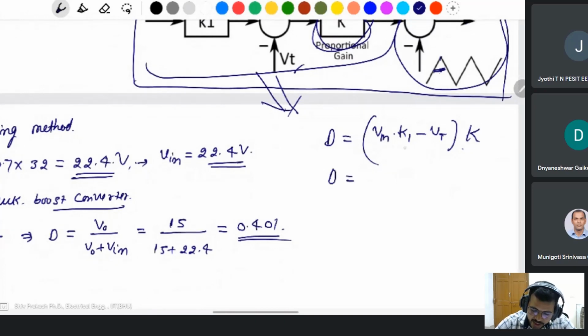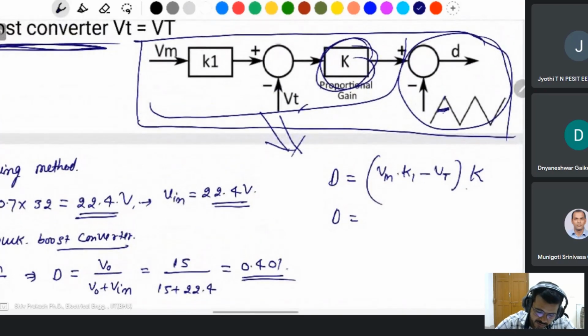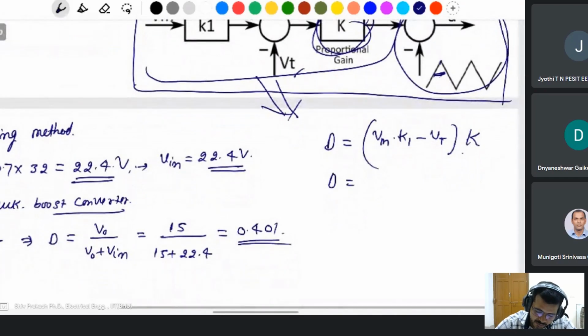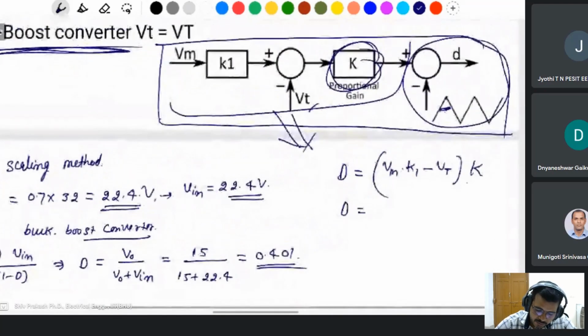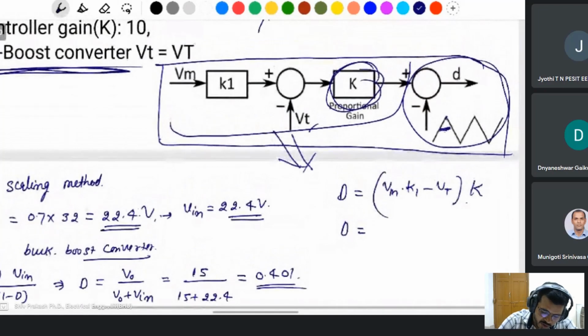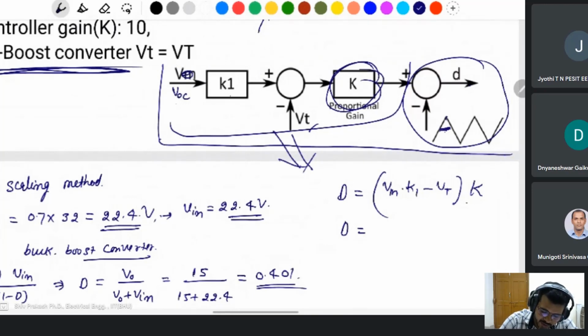Vm into K1, sorry, this one is not Vm, this one is VOC. After multiplication by K1, this is the Vm, the maximum power voltage at the maximum point.